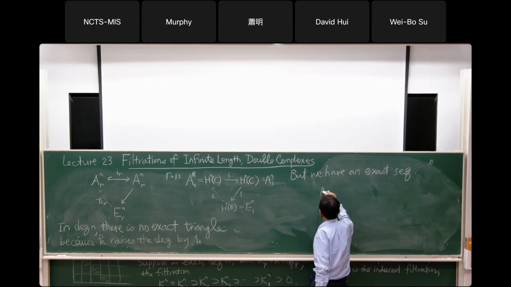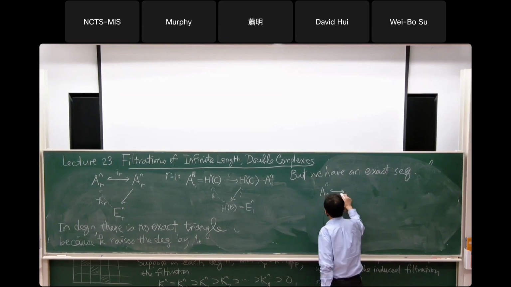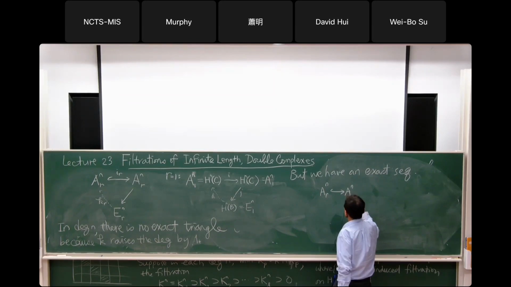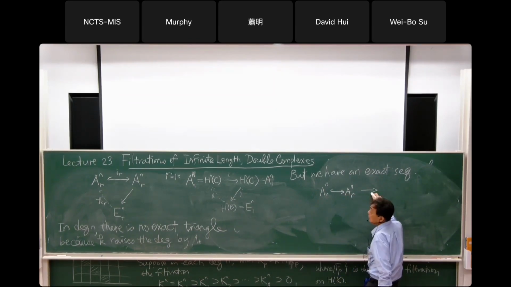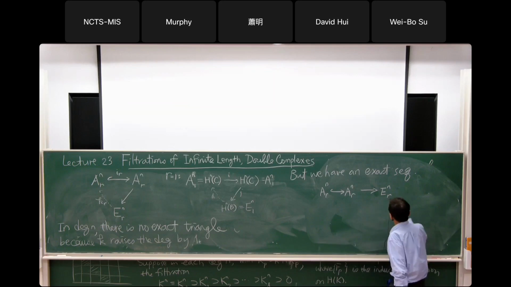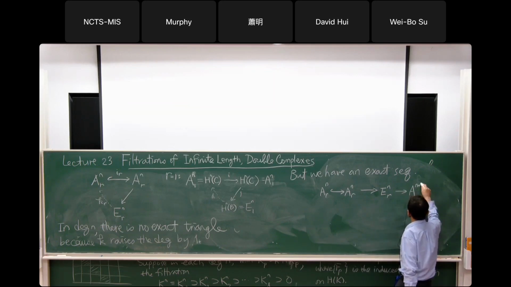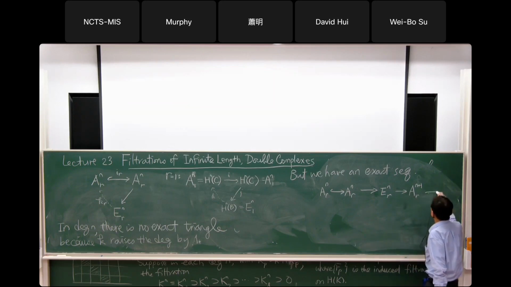Okay. So A_n^R, it still goes to A_n^R, and that goes to E_n^R, okay? But E_n^R raises the degree by 1, so it goes to A_{n+1}^R. And then that goes to A_{n+1}^R.